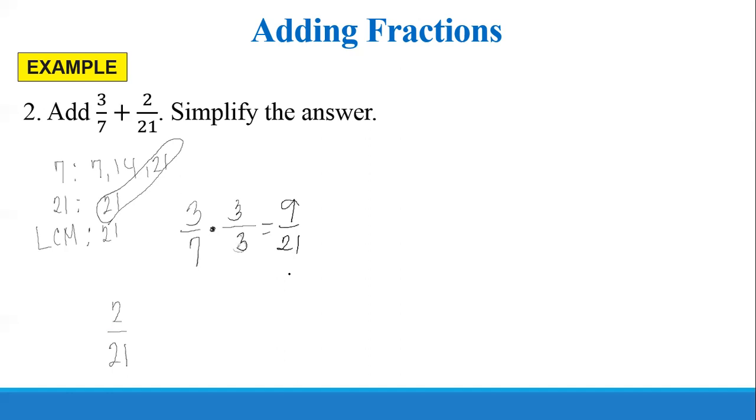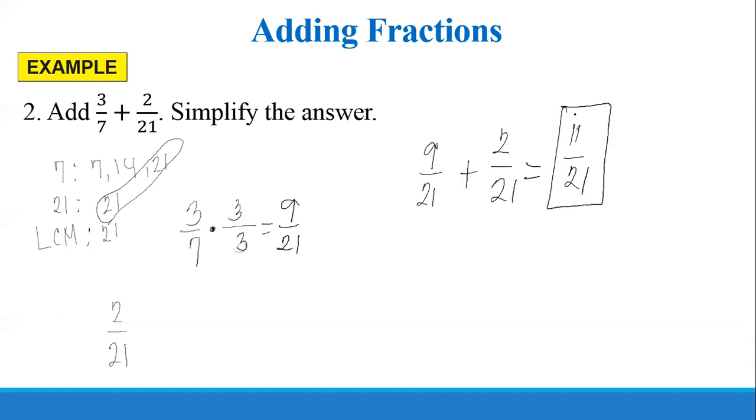And then next, add the fractions by adding the numerators and keeping the denominator the same. So, 9/21 plus 2/21. And this is equal to 11/21. Okay? So, this cannot be simplified. So, this is now the answer.